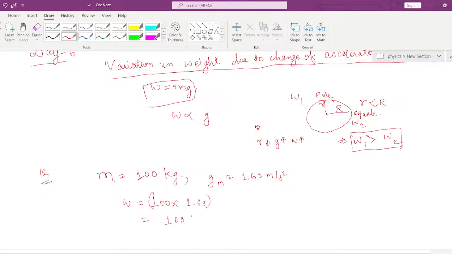Now we also have the mass of the person that can lift on the moon. There is nothing much in the question. We directly get an answer by multiplying mass into gravity, or we can also compare it with the mass on Earth.